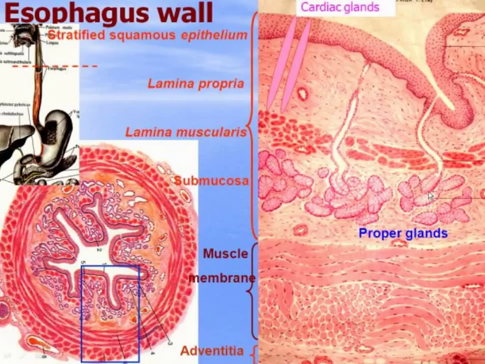And this mucous secret is released through the ducts onto the inner surface of the esophagus. It covers the mucous membrane. It protects it from crude food and lubricates the surface for better movement of food.